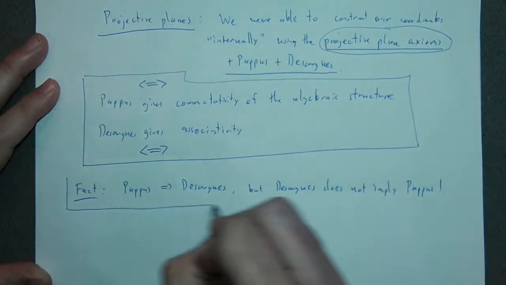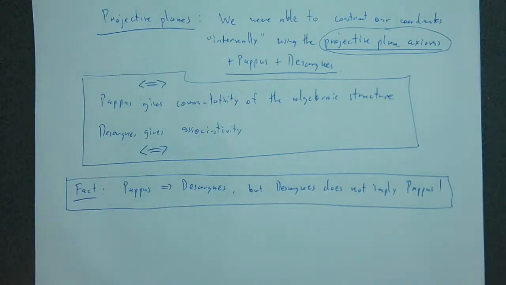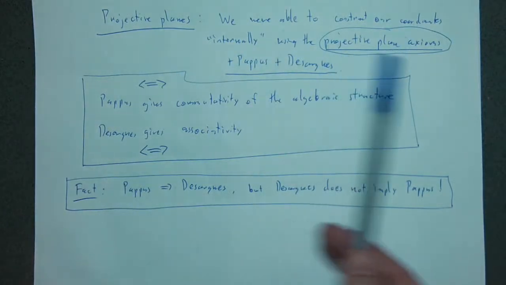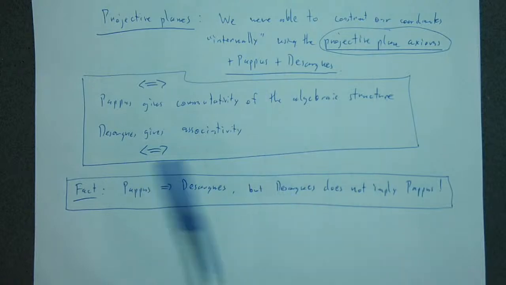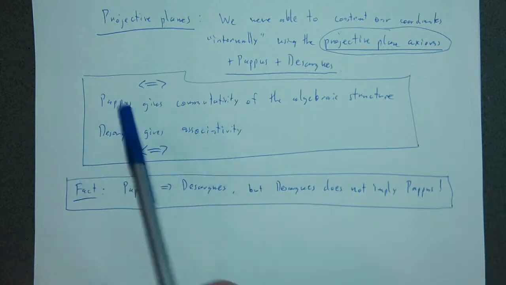this is important because what this means is that we can actually have examples, or theoretically, you'd think that we could have examples here where we could have planes that maybe satisfied the Desargues theorem but not the Pappus theorem.